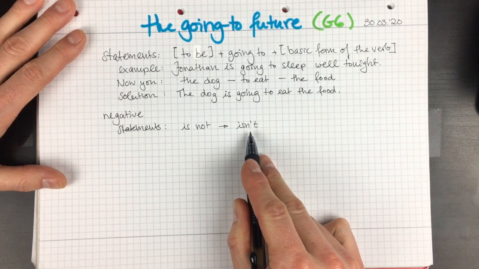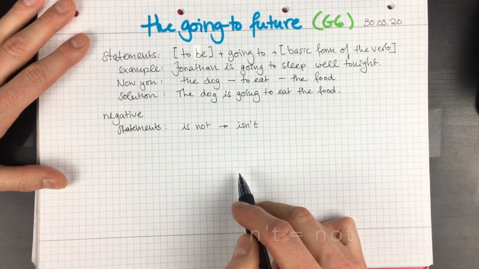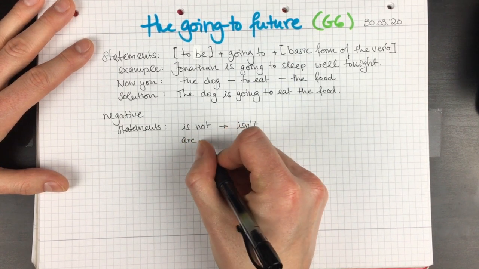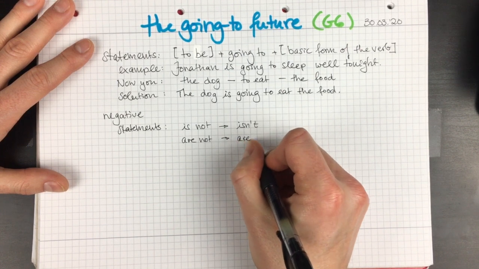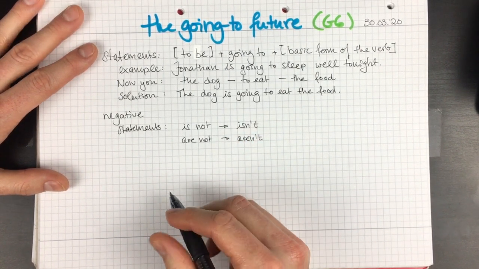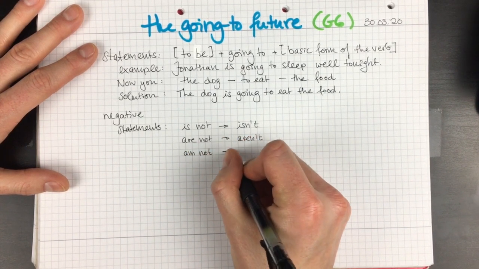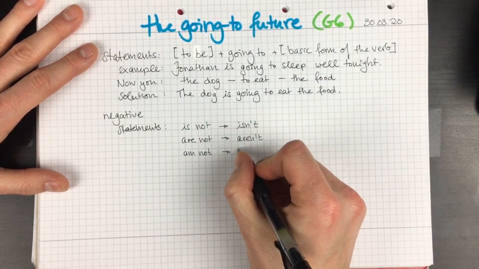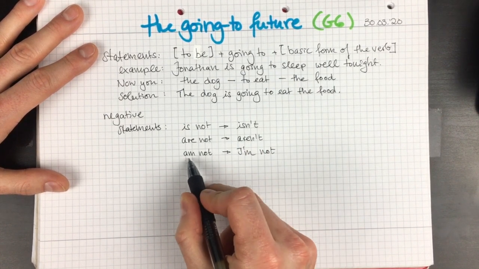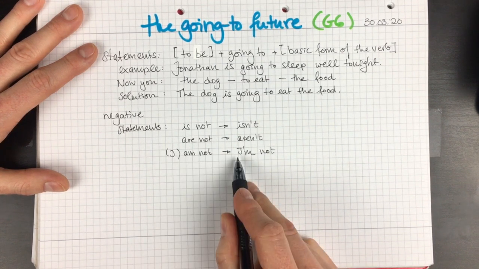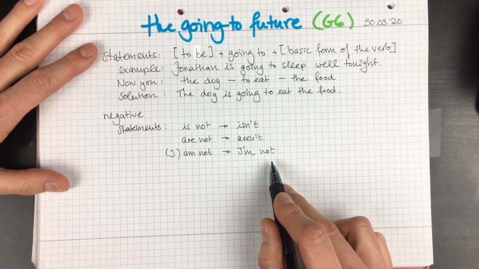It becomes isn't, because the n apostrophe t stands for not. We turn are not into the contraction aren't, and then for the first person, am not is turned into I'm not. This does not contract as am not, but you can contract I and am, as you know, so in the end it is I'm not.